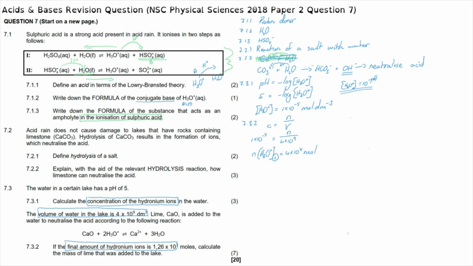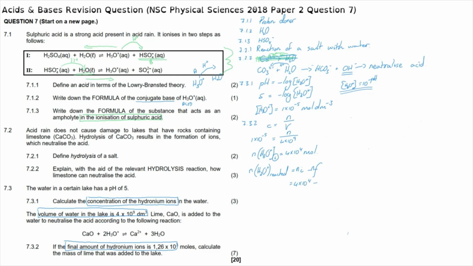And we can therefore calculate the number of moles of hydronium that reacted. So the number of moles of hydronium that reacted is simply going to be the initial number of moles minus the final number of moles. The initial number of moles we've just calculated as 4 times 10 to the power of 4.